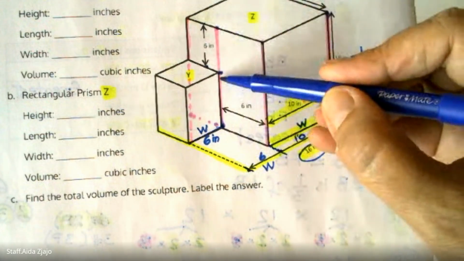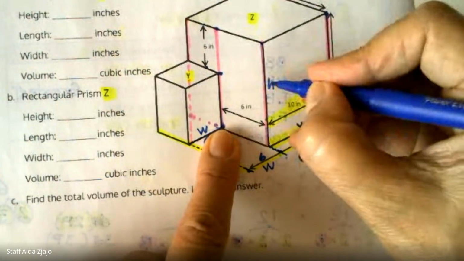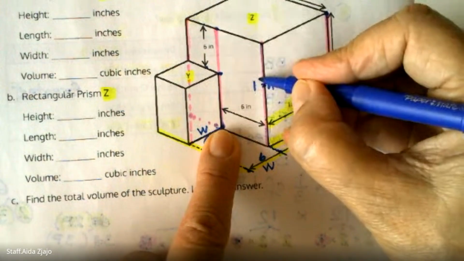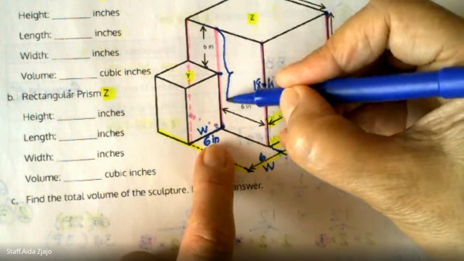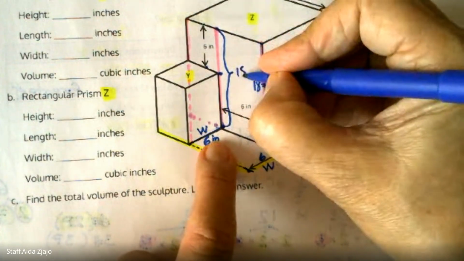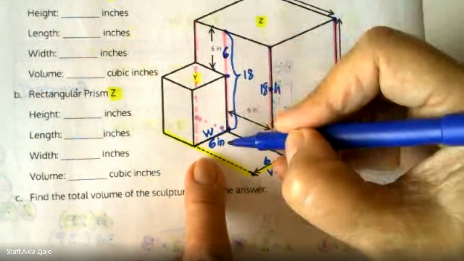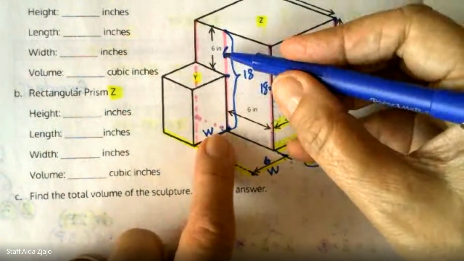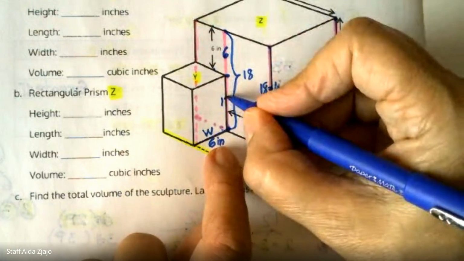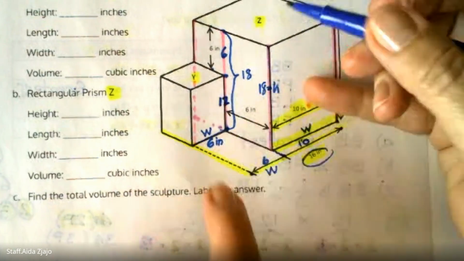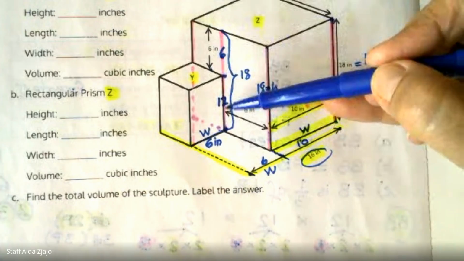What makes this 18, because the whole thing is 18? If this is 6, how much is this? 6 plus 12 makes 18. So now I know the height of that shape is 18.